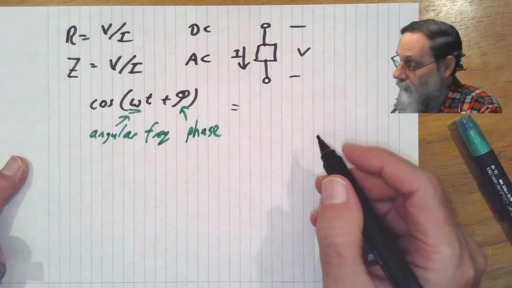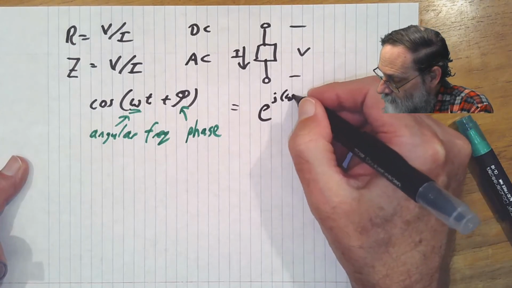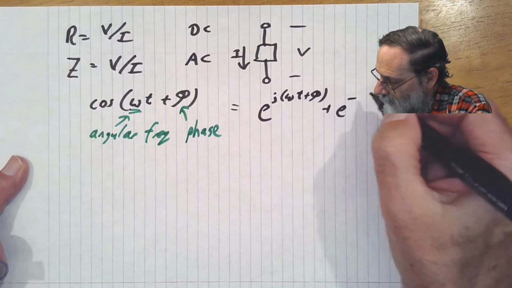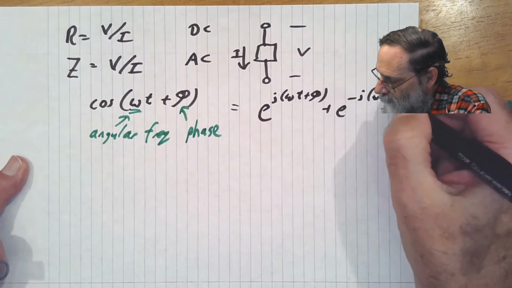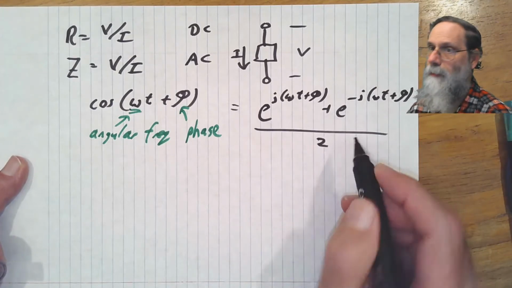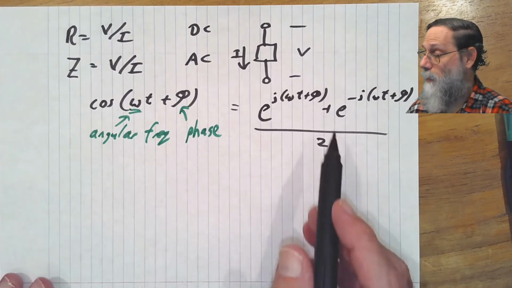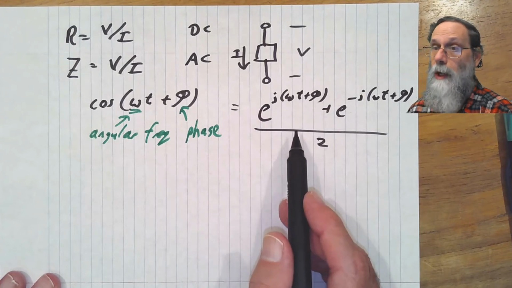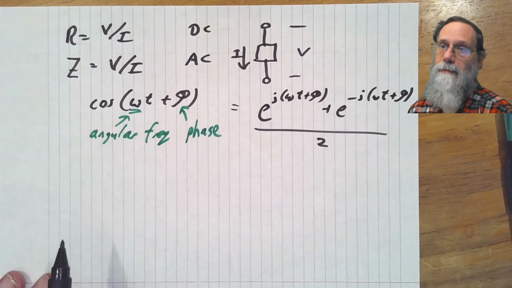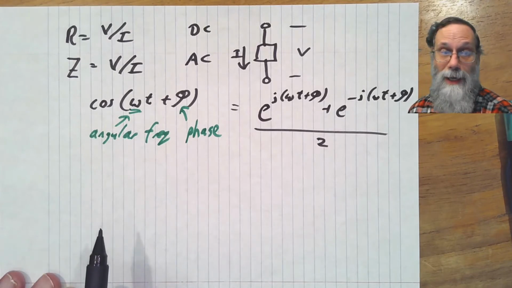If we use Euler's formula, this just becomes e to the j times (omega t plus phi) plus e to the minus j times (omega t plus phi), divided by 2. And so if we're just adding and subtracting things, we can look at what our systems do just with the exponentials and forget about trigonometry. It's just not necessary for us to get into that mess.